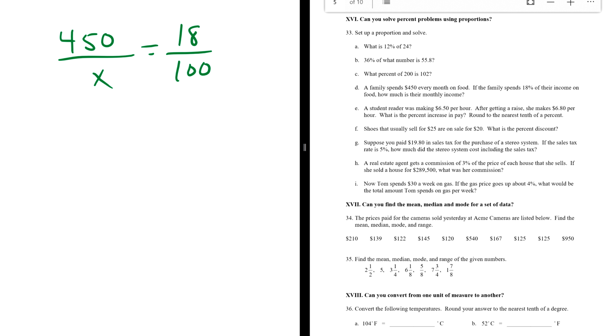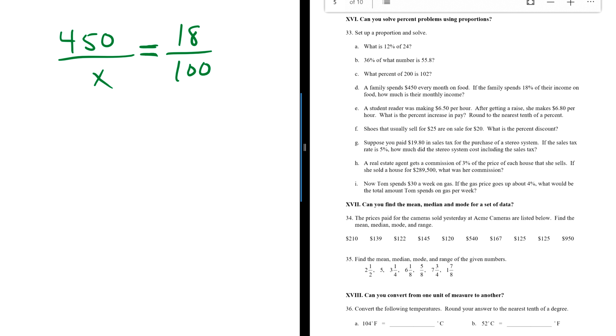Well, there's the setup on it. So I guess you can do it this way. So we're setting up the proportion, and then we've got 18% of their income is on food, so it's 18 over 100. And then the family spends $450 every month on food. How much will their monthly income be?